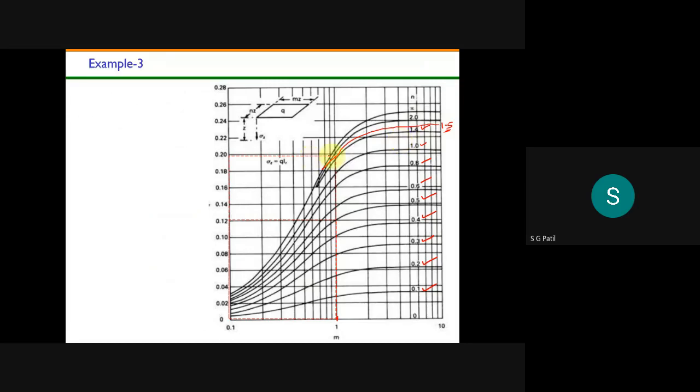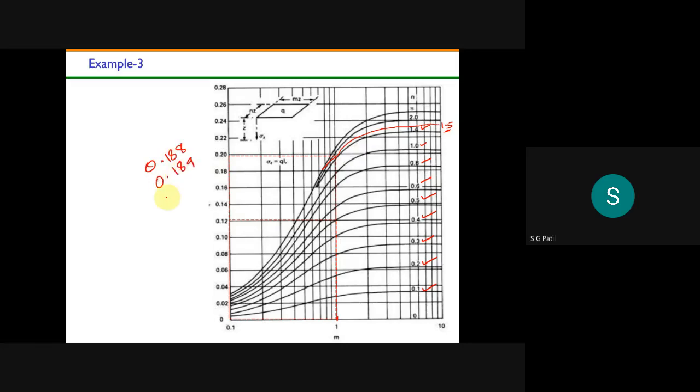Okay, so approximately around 0.2. This is 1.8, this is 1.85, 1.86, 1.87, 1.88. 1.88 you can take, 0.188 or even 0.189 also is fine.